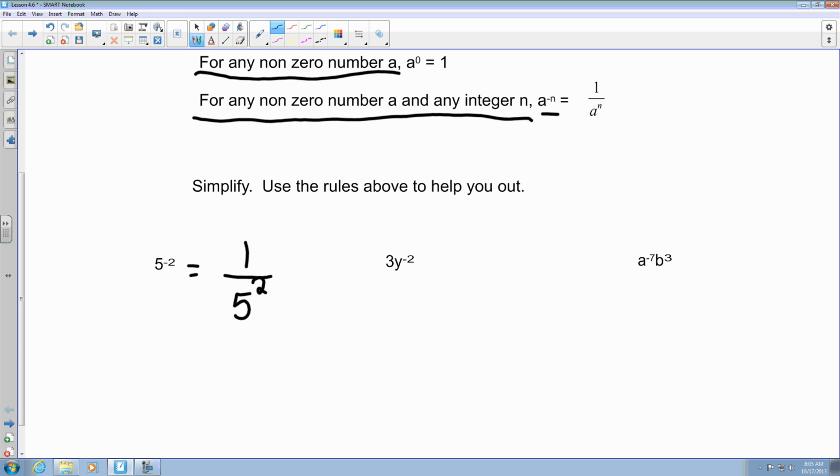Looking at the second example, I have 3y to the negative 2 power. That negative 2 power is only attached to y. So I've got 3 times 1 over y squared, and when I multiply across, it'll just be 3 over y squared.